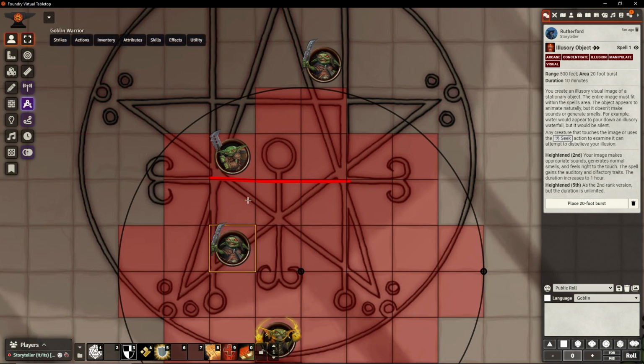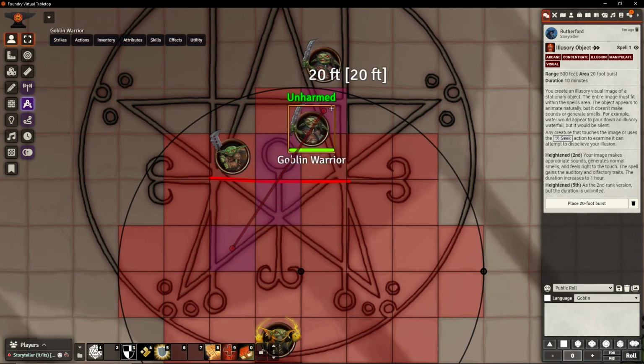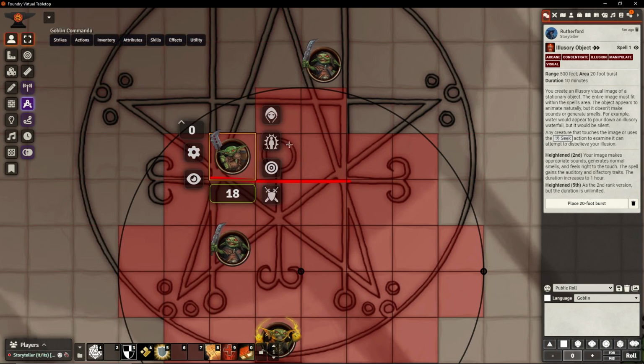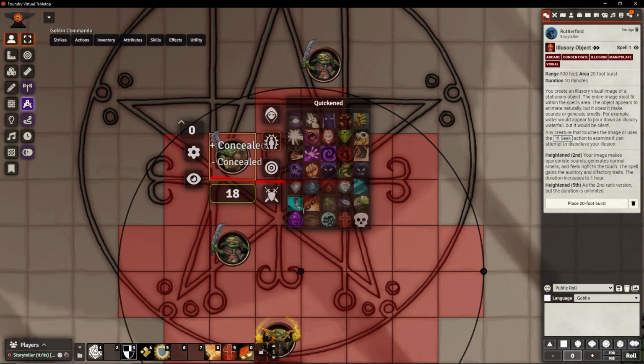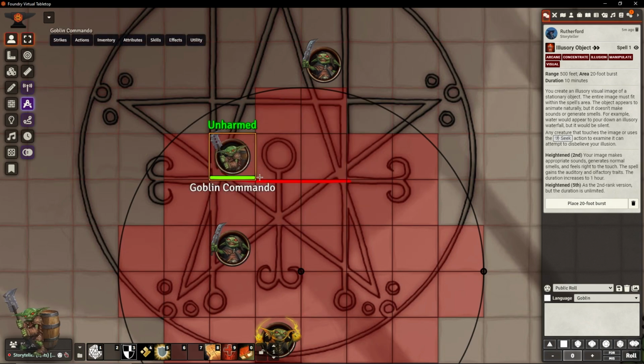This Goblin Warrior has successfully disbelieved the wall as part of shoving the Commando through, and can now stride through it just fine, see through it with concealment, etc. But this Goblin Commando here, if he tries to stride through the wall, he is going to bump into it and get another disbelief check.